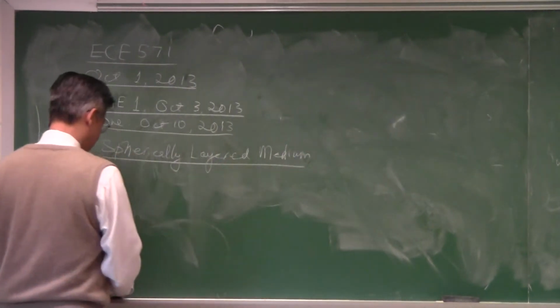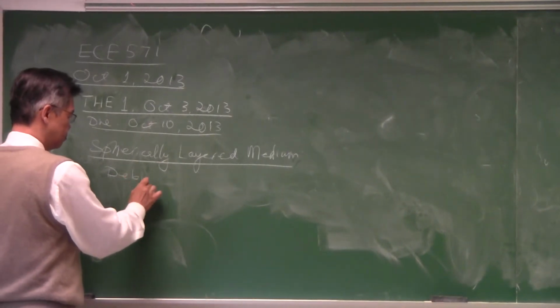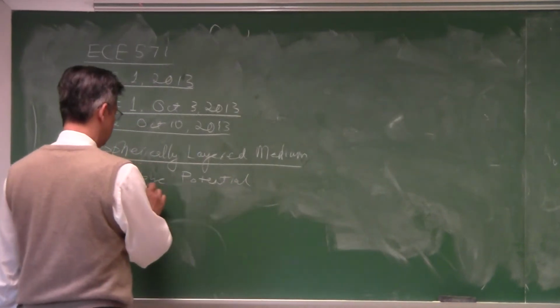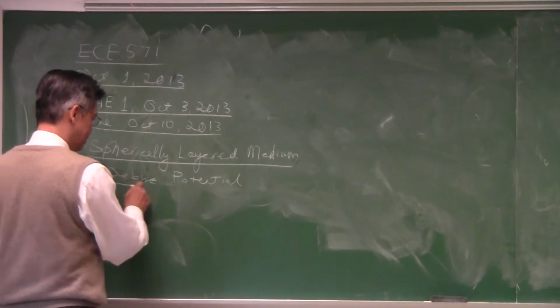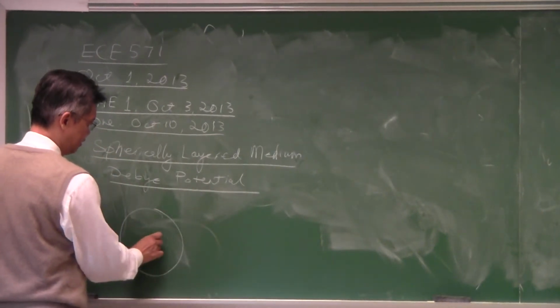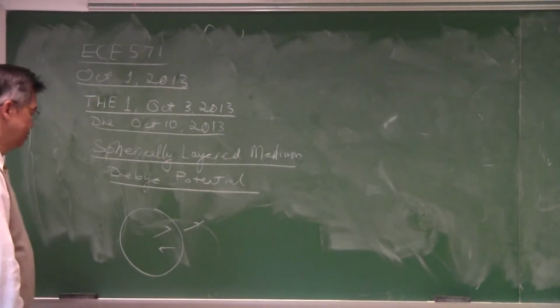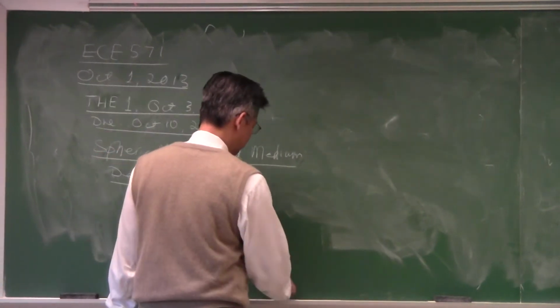So we figure out how to treat this using the bipotential. And then we know how to treat the single interface problem. We went through the exercise of deriving the solution for this one. Using a similar technique, you can derive the solution for this problem as well.